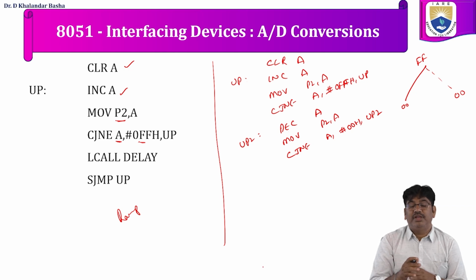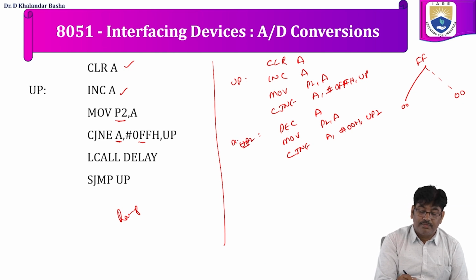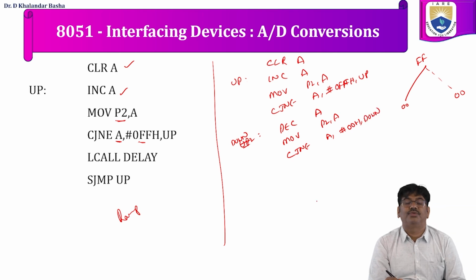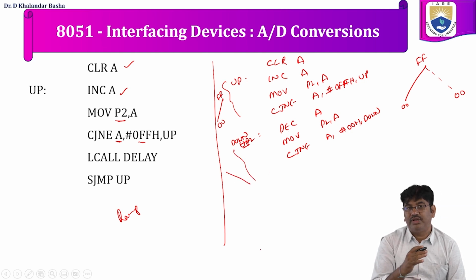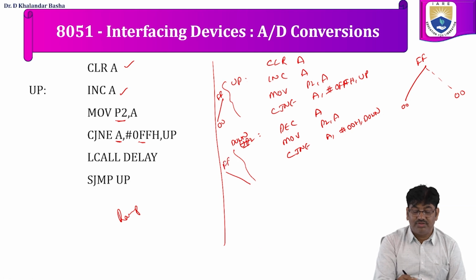So this I'll write as down instead of up, because we are changing from FF to 00 now. So this up label is for generating a ramp signal from 00 to FF in increasing manner, whereas this down will generate the sawtooth waveform, the second part, where it is ranging from FF to 00.